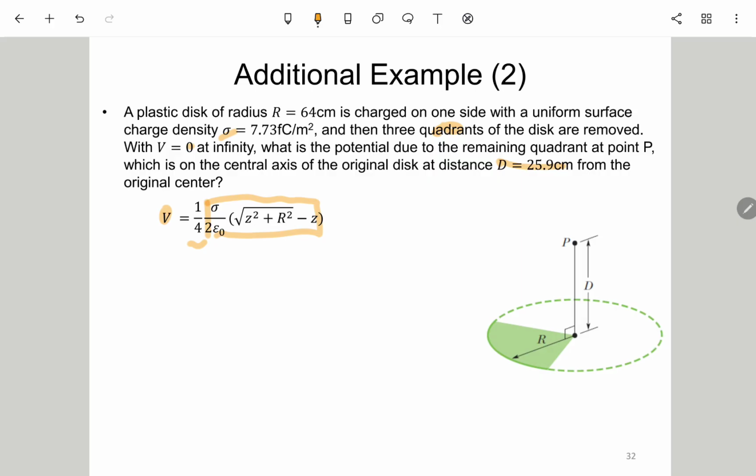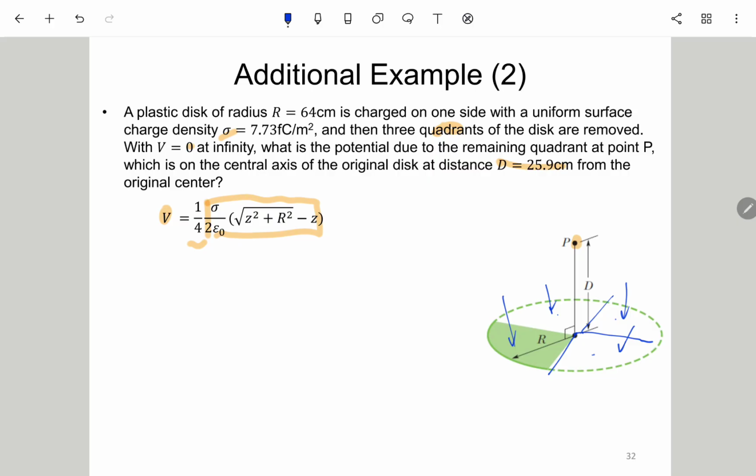As we know, V is a scalar, which means that due to symmetry, the potential generated by this quadrant is the same as by this one, this one, and this one. All these four quadrants generate the same potential at point P.